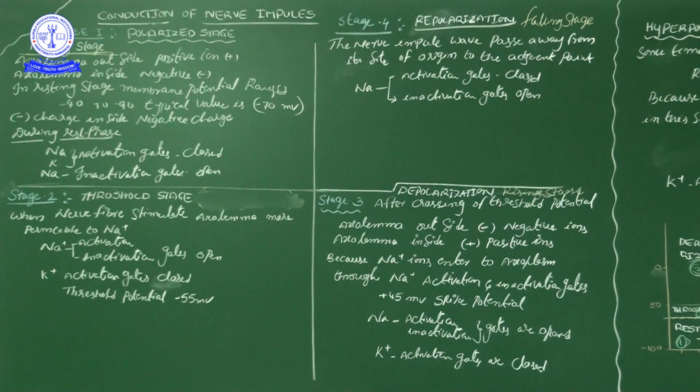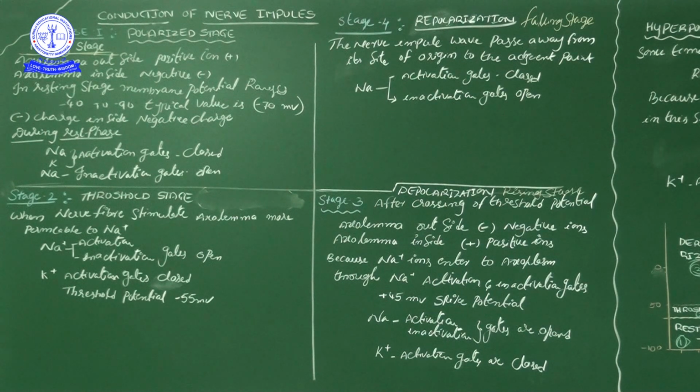Okay, one function, one work. Sometimes after completion of one work, our neurons go into a deep sleeping condition. That deep sleeping condition we can consider as hyperpolarization, which means overpolarization.